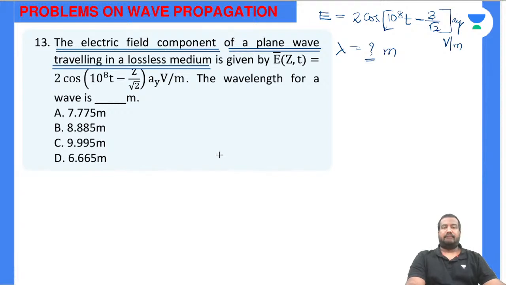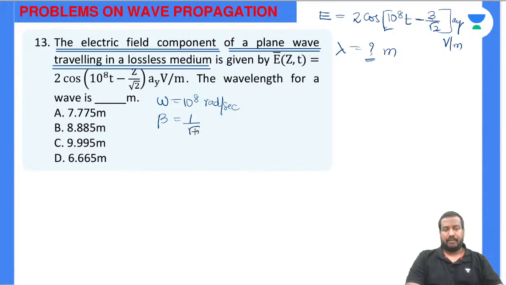See here, dear. In this given question, how much is omega? 10 power 8 radian per second. How much is beta? 1 by root 2 radian per meter.